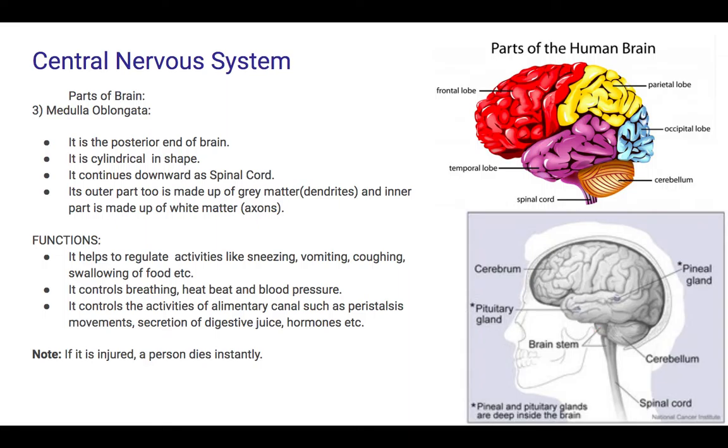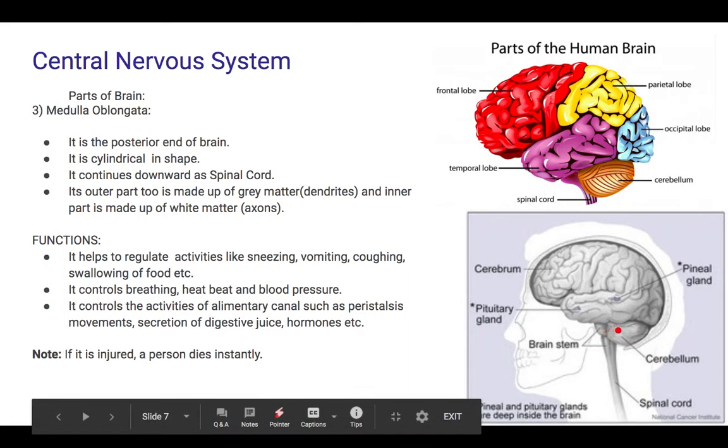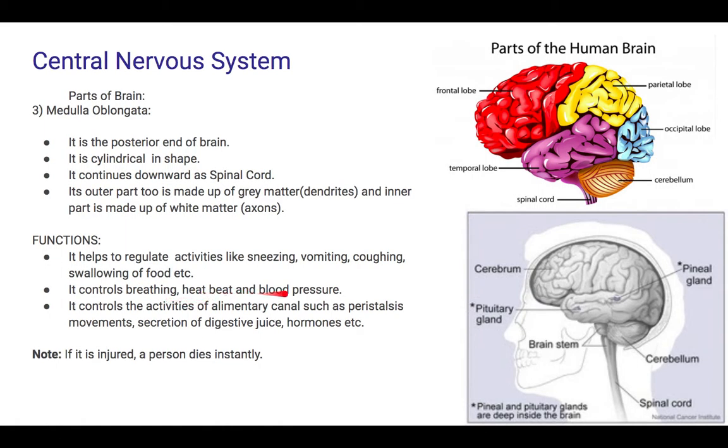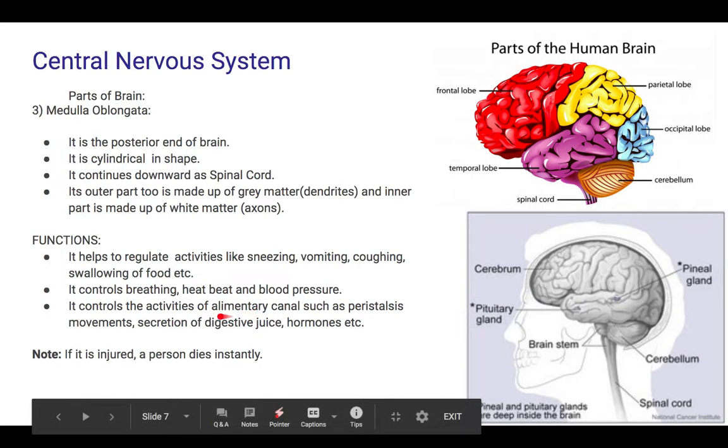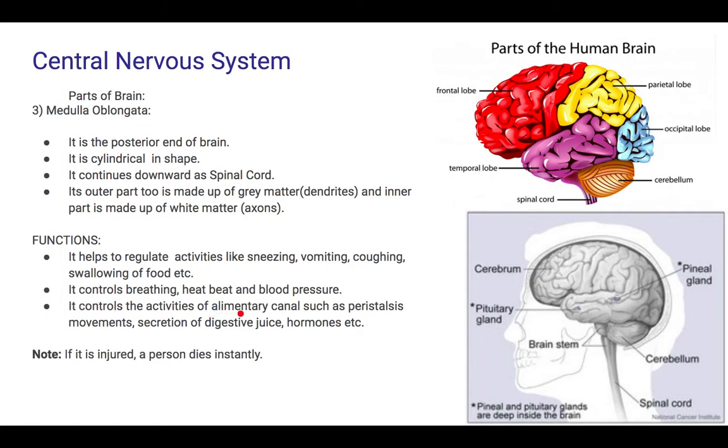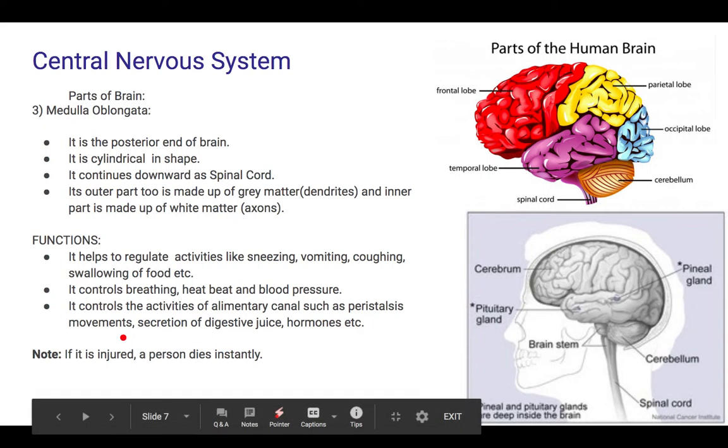The reason is that it mostly regulates involuntary actions of the body, like sneezing, vomiting, coughing, swallowing of food, breathing, heartbeat, blood pressure. Similarly, it also controls the activities of our food pipe, alimentary canal, such as peristalsis movement.